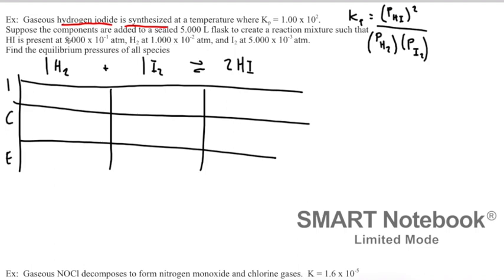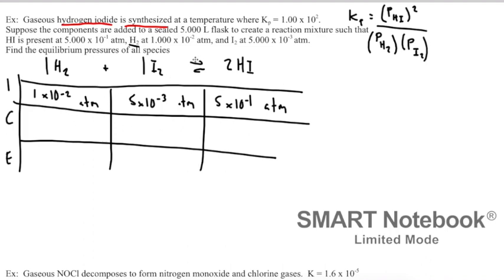Initially, I have HI present in 5 times 10 to the negative first atmospheres of pressure. H2 is present at 1 times 10 to the negative second, and I2 is present at 5 times 10 to the negative third atmospheres of pressure. I want to know what are the equilibrium pressures of all the species, all the chemicals.